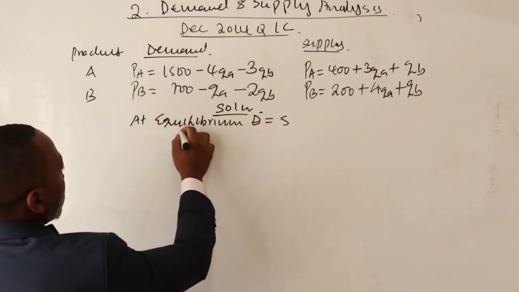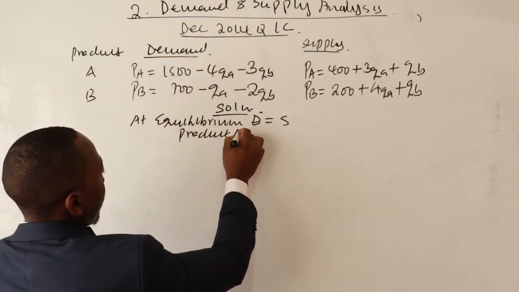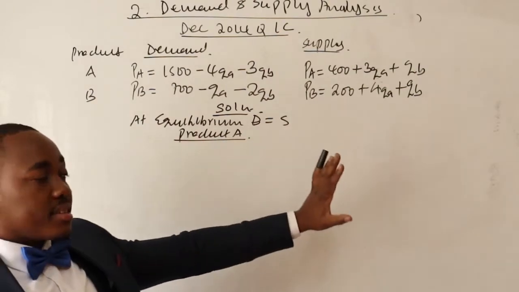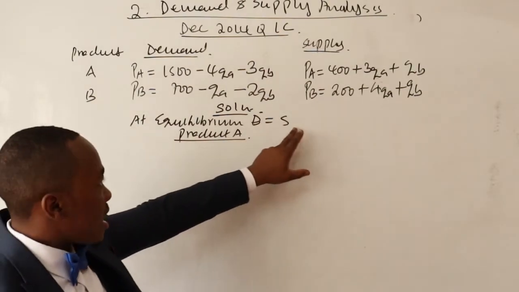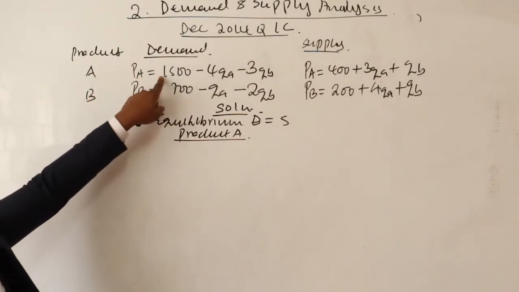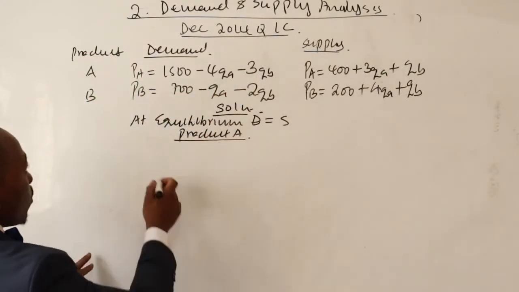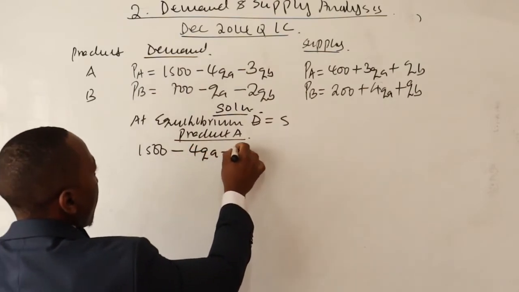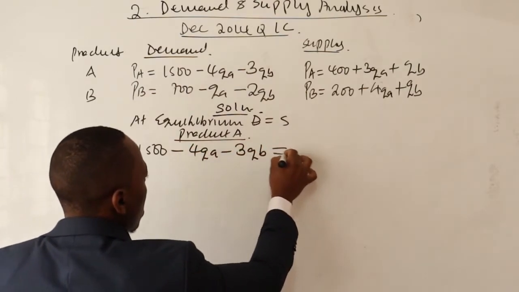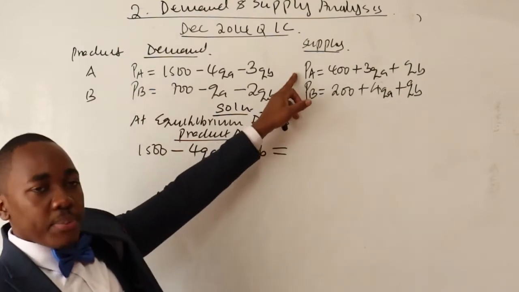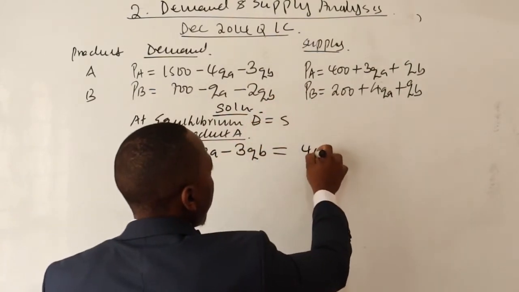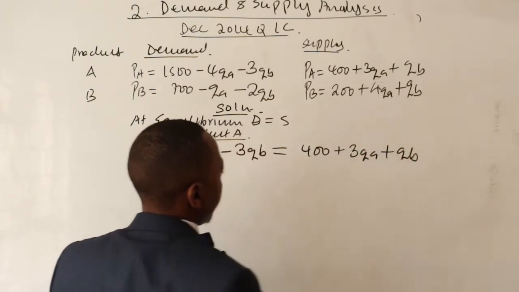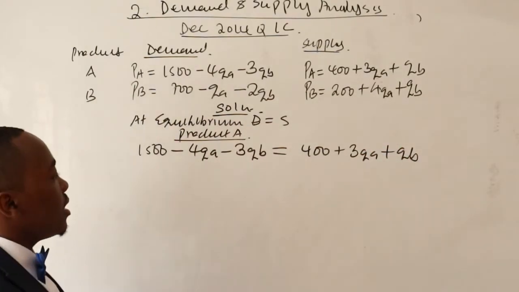So we start with product A. The demand function, 1500 minus 4QA minus 3QB, should be equal to the supply, which is 400 plus 3QA plus QB. Then we bring the like terms together.